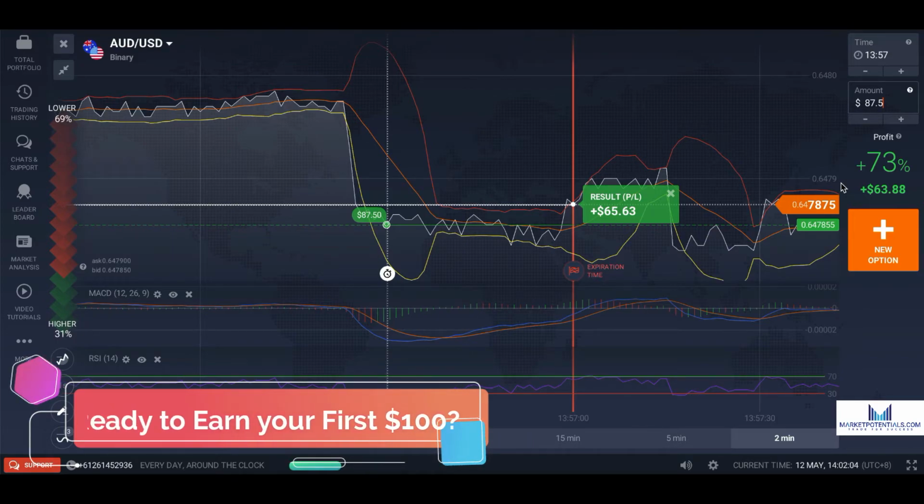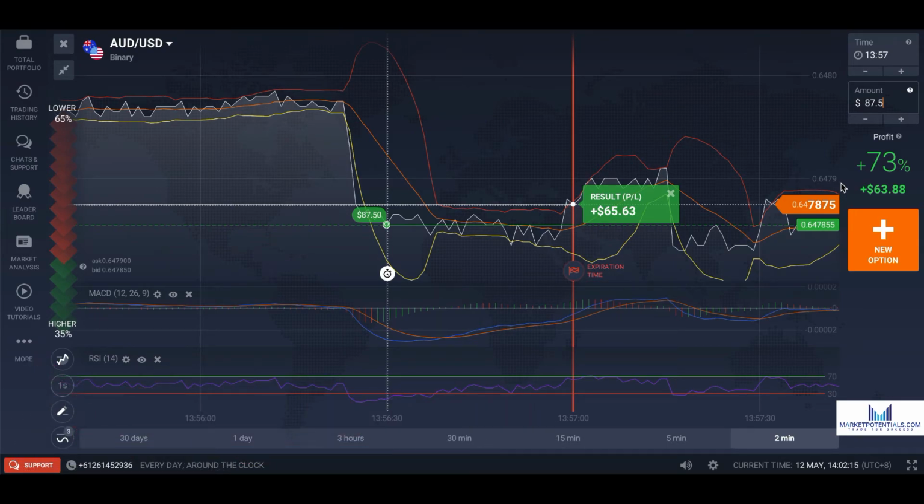Okay, so I hope that has proven to be helpful. I was trying to show you that earning your first $100 is really not as impossible as it seems. And if trading is what you guys want to do, I do recommend it, it's completely suitable for beginners. Most people overcomplicate it, but it's really not.